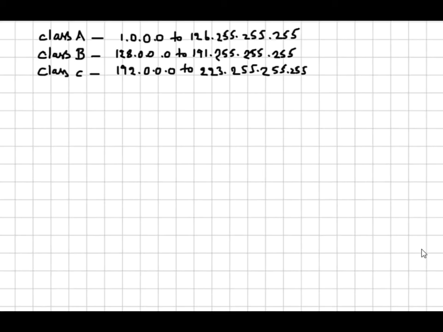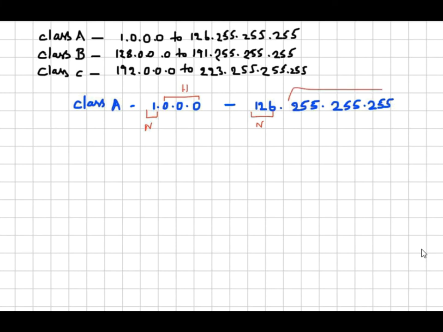Class A has the first portion as the network bits and the remaining three portions as the host bits. So we will take an example here. This is a class A address. It ranges from 1 to 126. In this one, the first portion is the network portion, and the remaining three are the host portion.